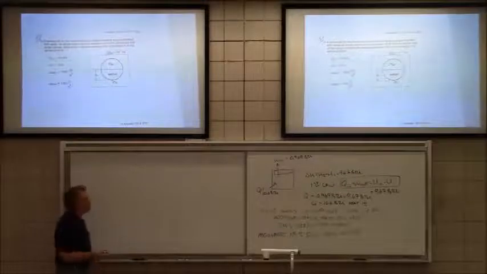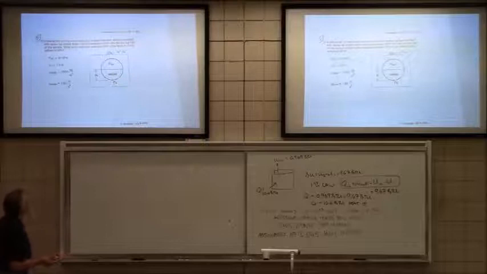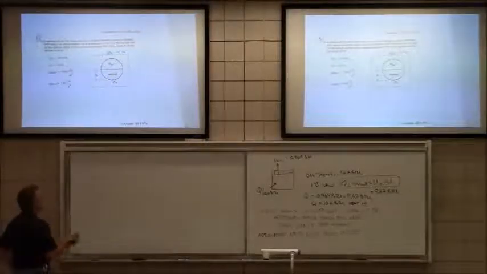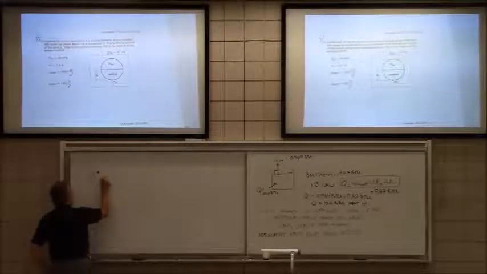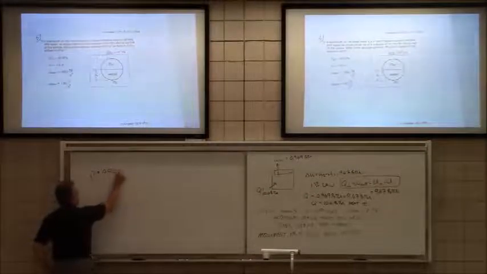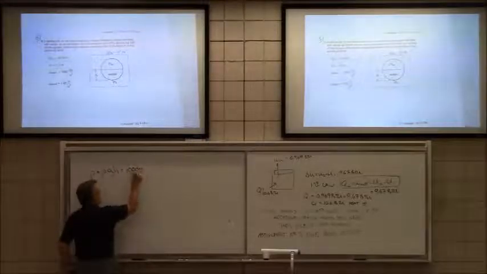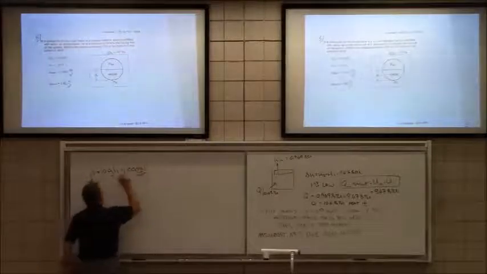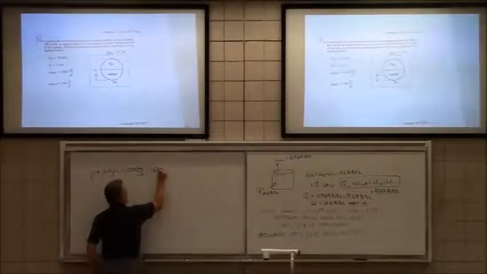Okay, so let's go through this. So spacecraft, let's see, is it this one, number 5? Okay. So we've got pressure is equal to rho times g times h. So this is going to be 1,000 kilograms per meter cubed times g, which is 1.62 meters per second squared.